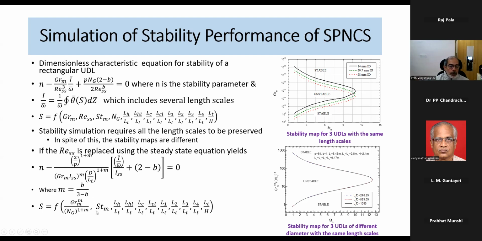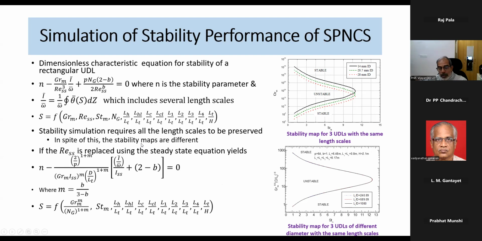Now, if you keep all the lengths the same and plot this parameter for a uniform diameter loop, d by ng becomes d by lt, and that's why this becomes 0.5 is to 1.5, and you find in this case, irrespective of the different diameter, you get the same stability map. So that's the advantage of this.